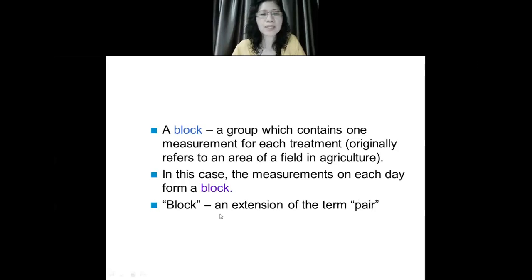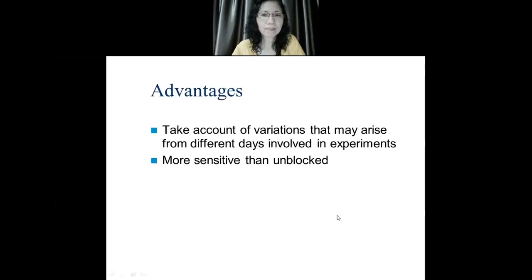So we use ANOVA, and the block here is an extension of that pair. Now, this randomized complete block design has advantages because it takes account of variation that may arise from different days involved in the experiment, and it is more sensitive than the unblocked analysis.